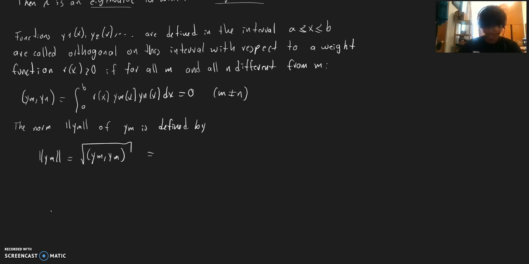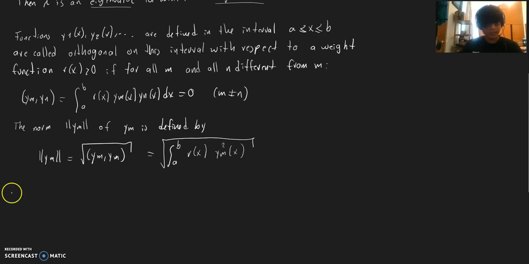So we know that this value is given by the given integral here. The integral is defined as the integral from a to b of the weight function r of x multiplied by ym squared, and its square root.